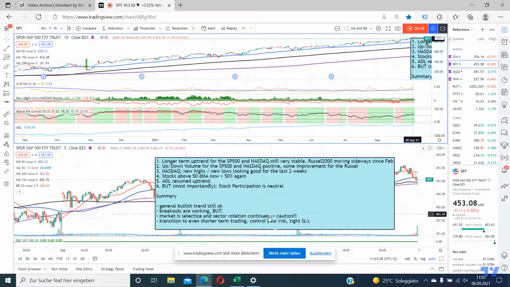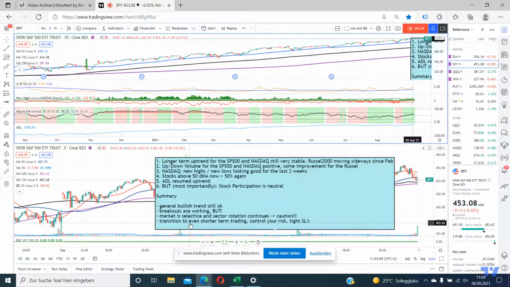Now, when we look at our updated watch list in more detail, the only successful way to respond to the sector rotation is to shorten the timeline for our trading. Now this is the thing we can control, is our risk, our stop losses.